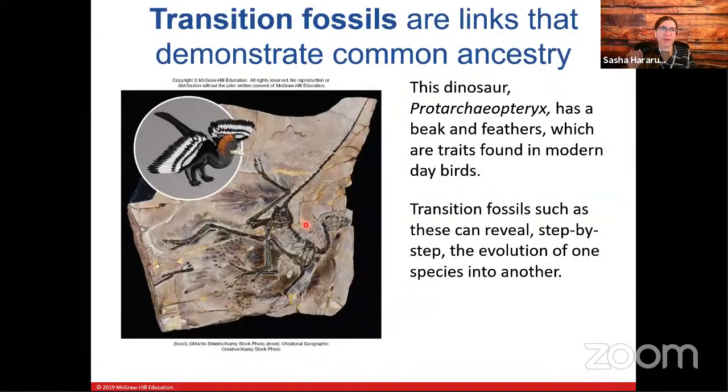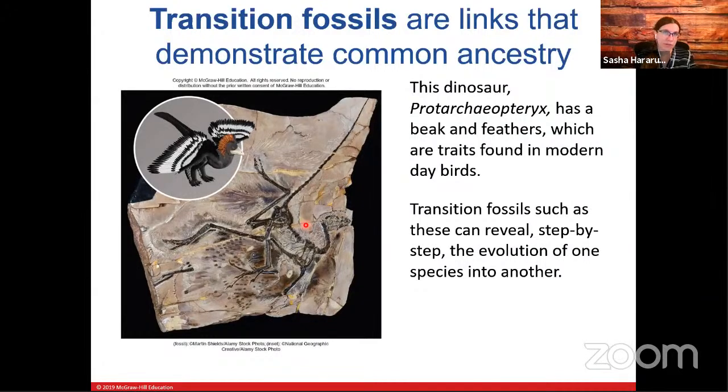All right. Some of the fossils are classified as transition fossils, and these provide some knowledge about the links that demonstrate common ancestry. Before molecular techniques came into play for studying evolution, if you have access to the genetic material, it's pretty straightforward to sequence the DNA and compare the DNA of various species to find out how related they are.